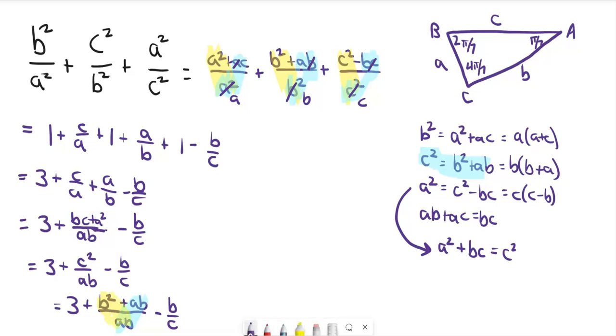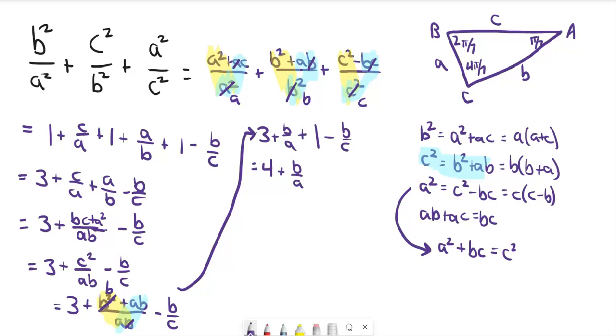So, like before, I can cancel off one of the b's. So I get b over a, and of course, I got ab over ab. So what I'll do, go up here. Hopefully I have enough space to show this. I'll get 3 plus b over a plus 1 minus b over c. So 3 plus 1, that'll equal 4. So I'm left with b over a minus b over c.